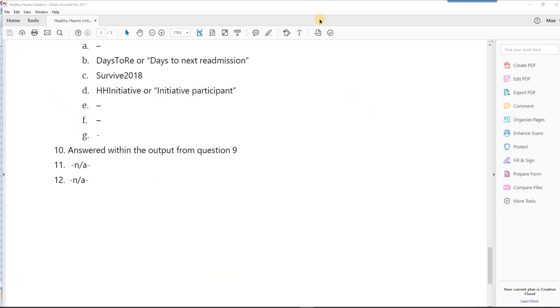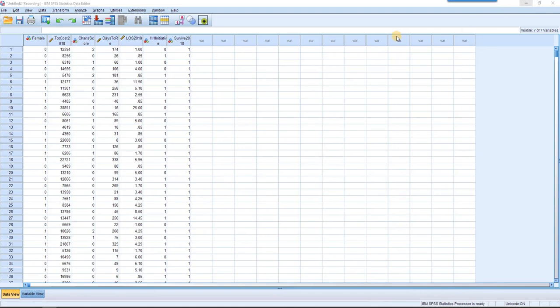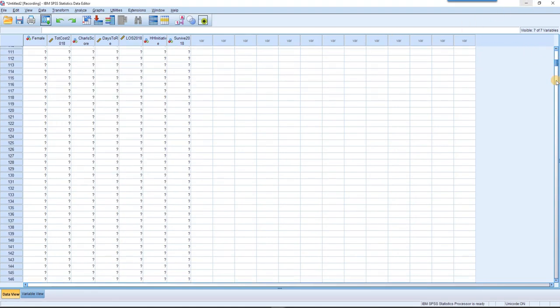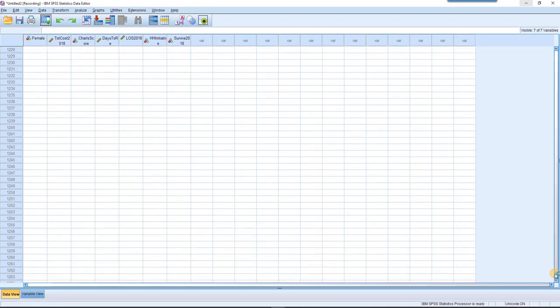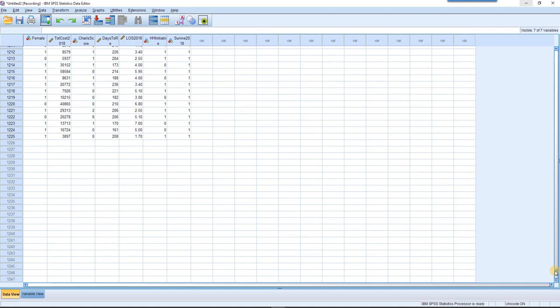So I have already loaded a random sampling of your data into my SPSS. So in my data set, I only have roughly 1,225 patients. In your data set, you have just about 3,000 patients.